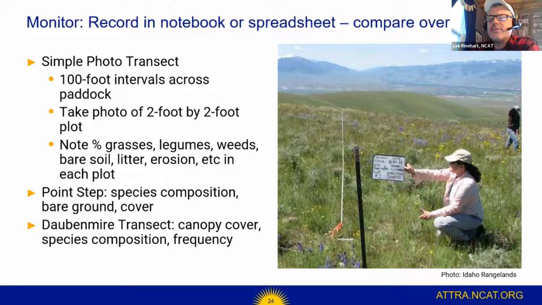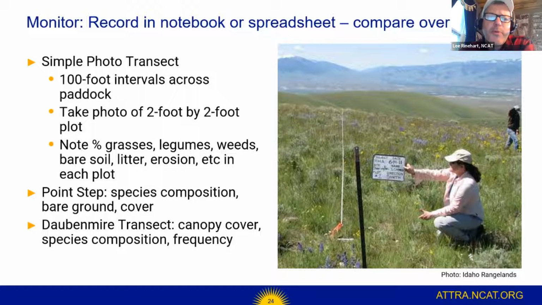You can see a visible light bulb go off over their head whenever they get down on their hands and knees and start picking apart and looking and doing plant ID and trying to calculate percent composition of a certain species. It's really amazing how much you learn, and how fun it is and how exciting it is to find out exactly what's going on in your pastures whenever you get down on your hands and knees.